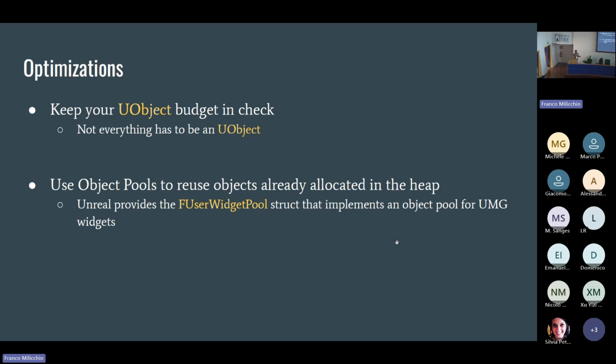So you're going to get, for sure, a huge frame spike. So you have 2 solutions. One is caching all the objects that you create, and the second one is actually using the FUserWidgetPool.